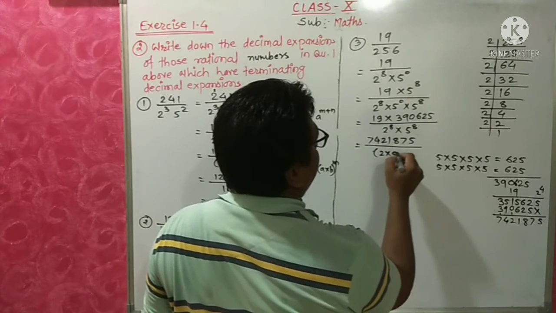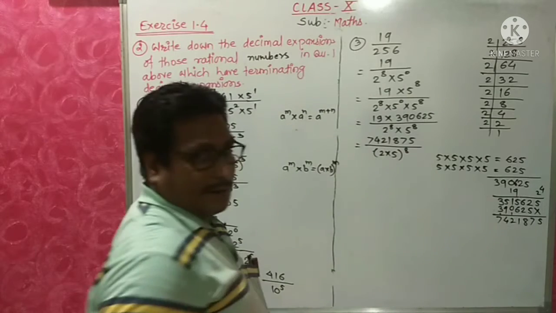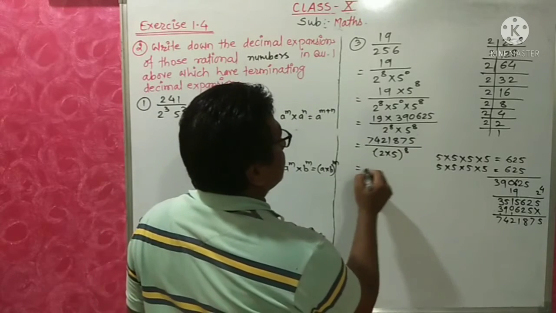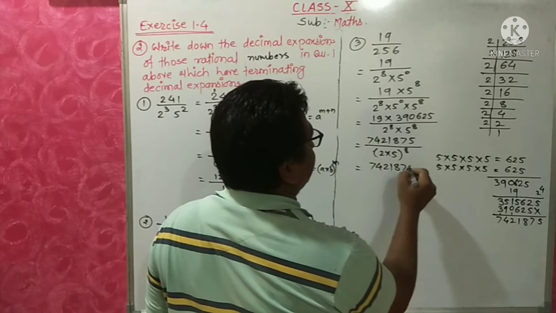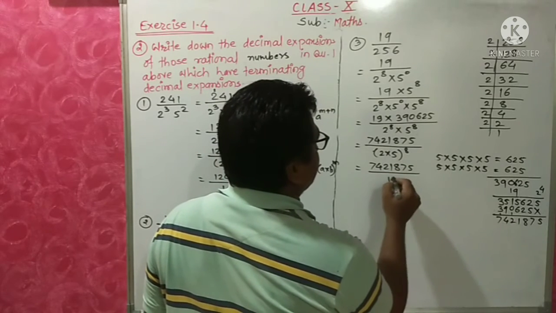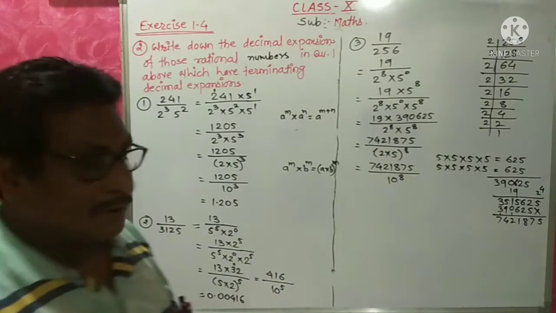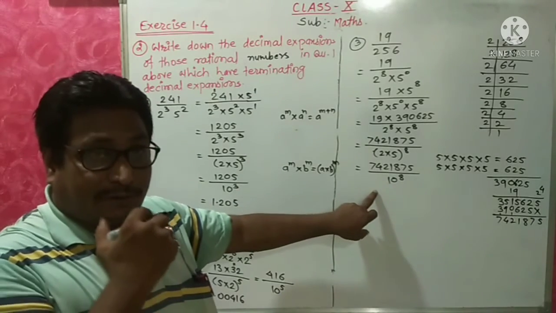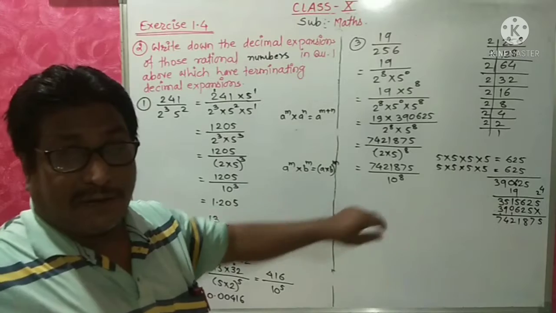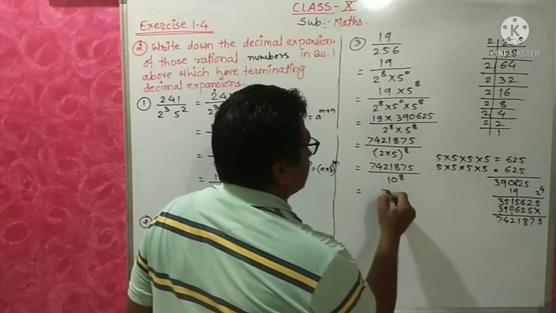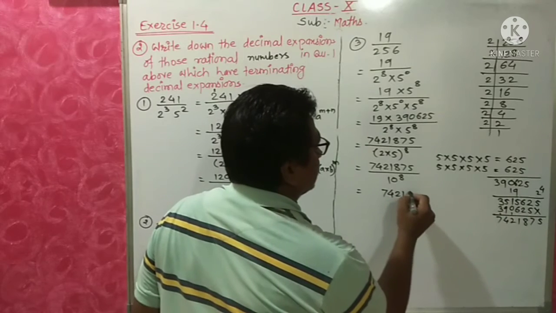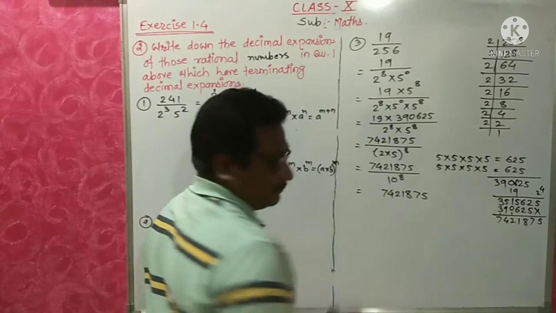2 into 5 raised to the power 8 means 10 raised to the power 8. So 7421875 by 10 raised to the power 8. So how many decimals will come? After 8 decimals. So this number we have to write as it is, 7421875.